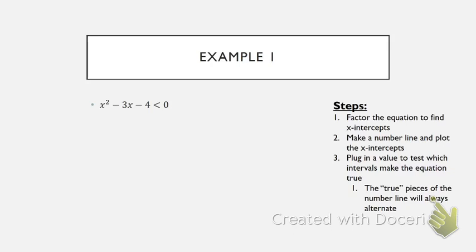All right, so first I need to factor. x squared minus 3x minus 4 equals 0. I'm going to factor to find my x-intercepts. So x squared minus 4x plus 1x minus 4.